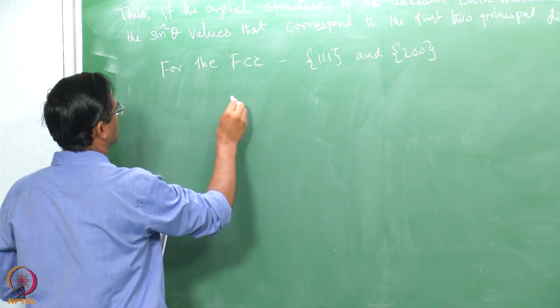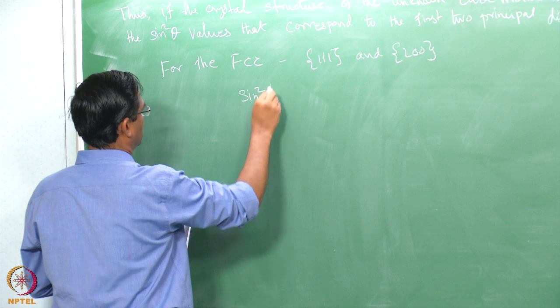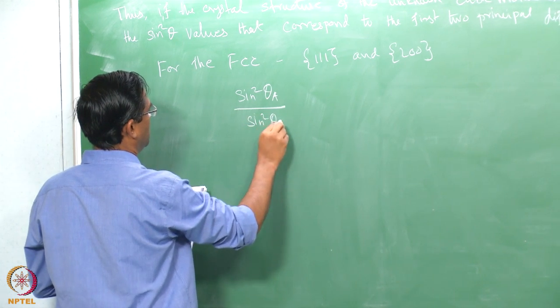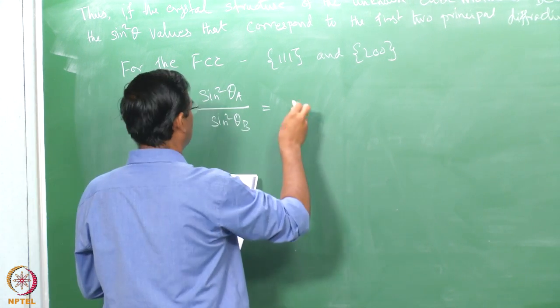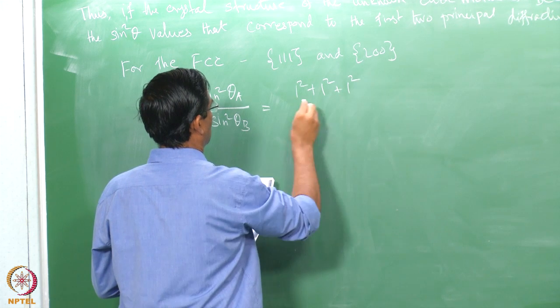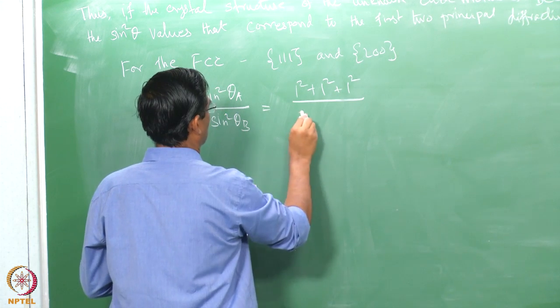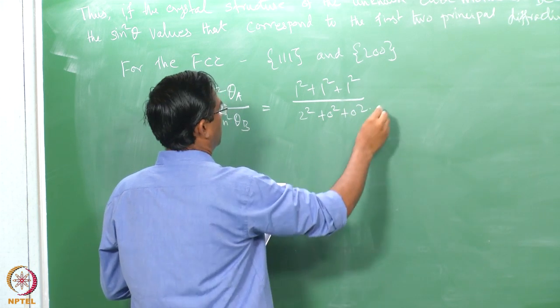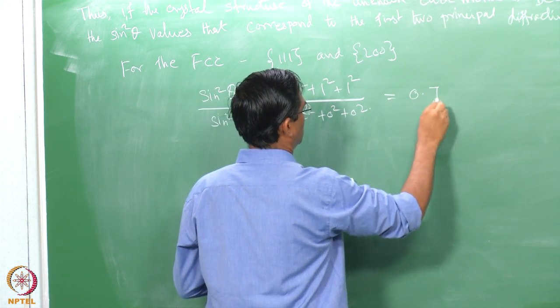Then we can write sine squared theta A by sine squared theta B, which is equal to 0.75.